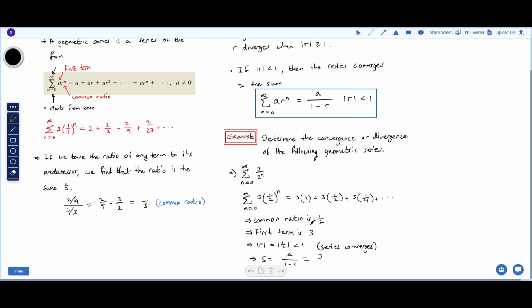Our r is 1/2. So now we simplify it. 3 over 1/2, so it converges to 6.